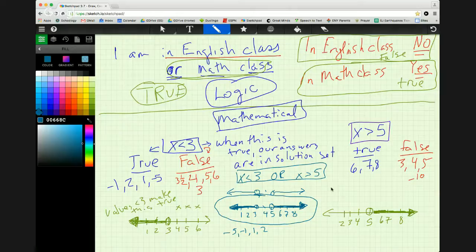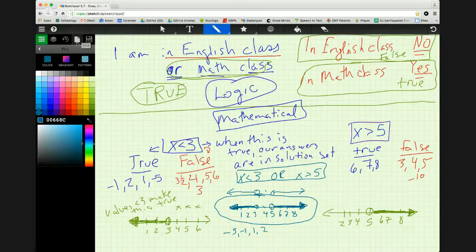Now, before you think that all or statements will always have this kind of pattern where you're doing an arrow to the left or an arrow to the right, don't jump so fast and try to memorize a formula. Memorize instead this rationale, that we just need one or the other to be true.